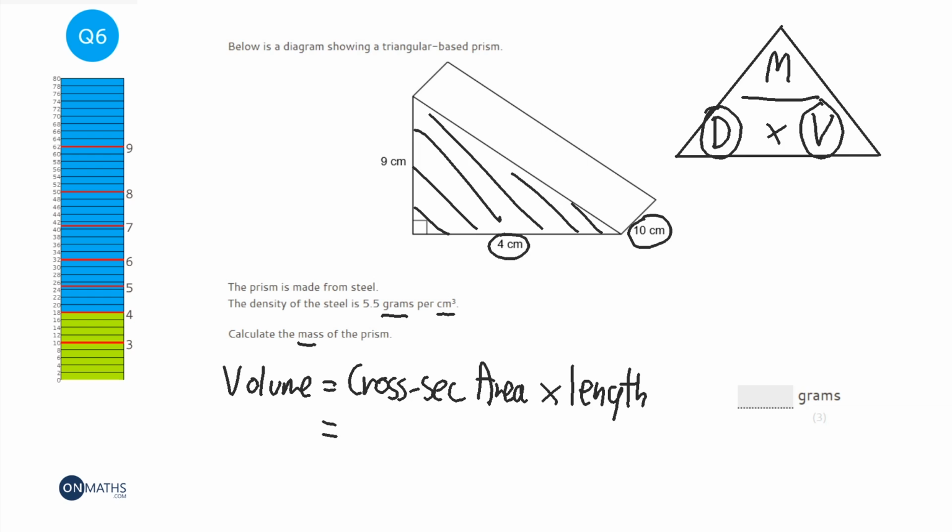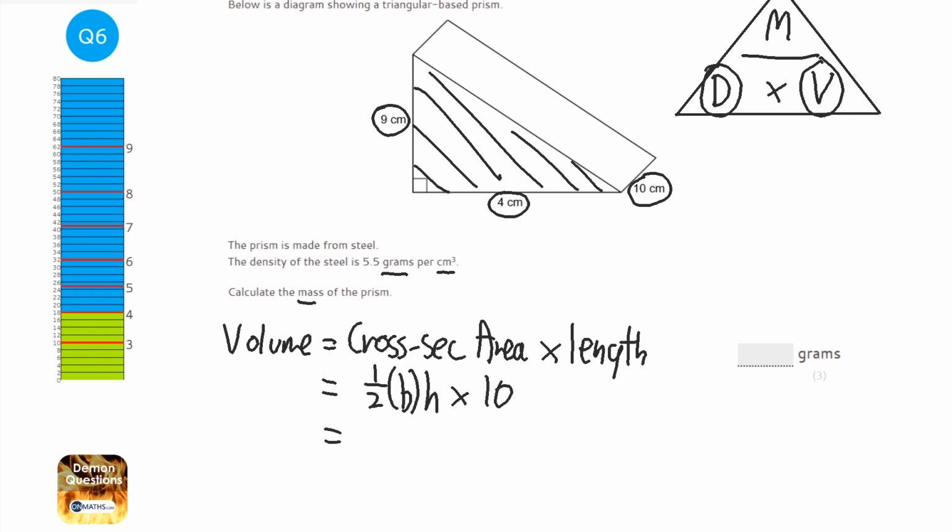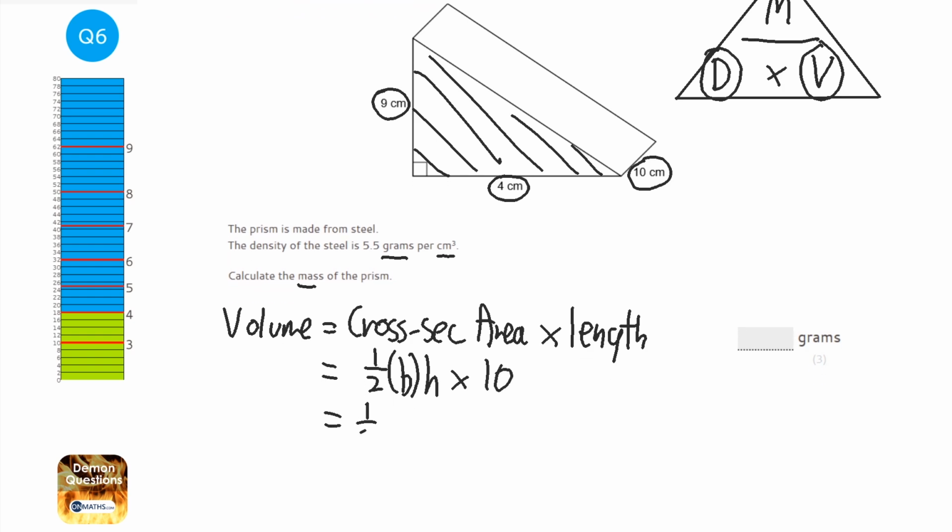We've got the base, which is 4, and the height, which is 9. So it's half times base times height, and then we're going to times it by the length, which is 10. So what have we got? Half times 4 times the height, which is 9, times 10.